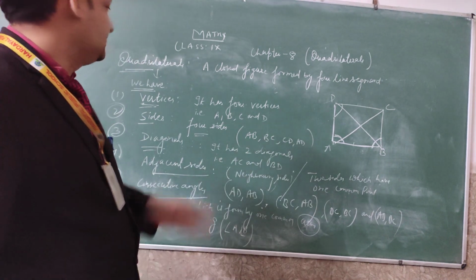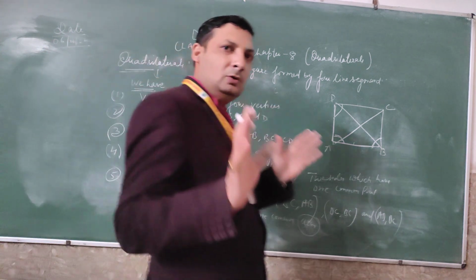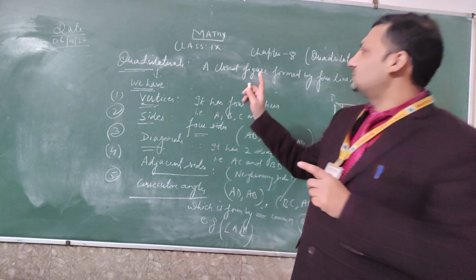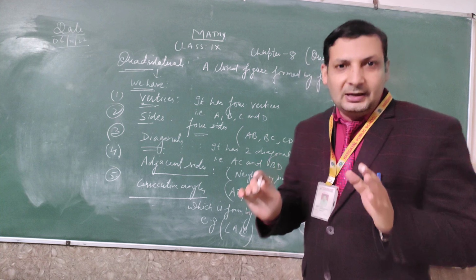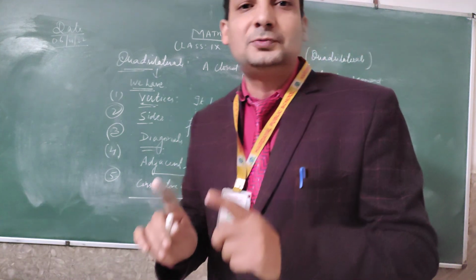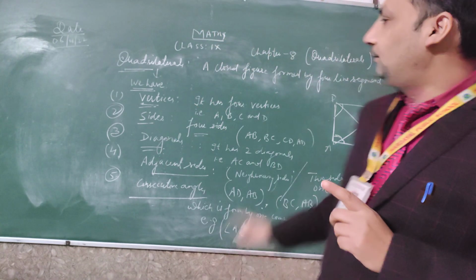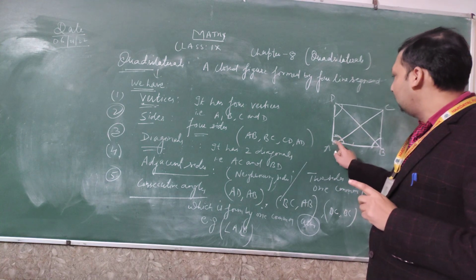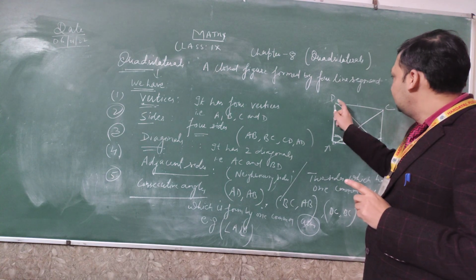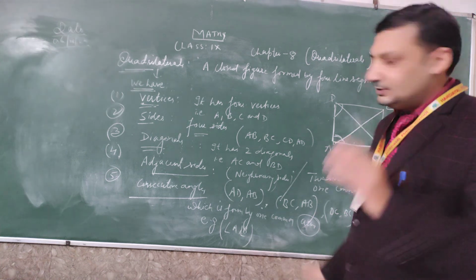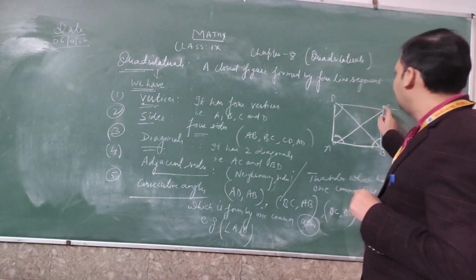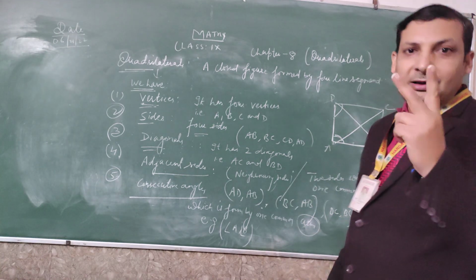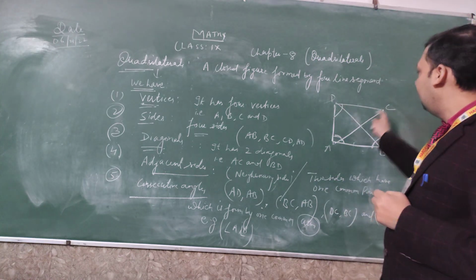Before discussing the next point, I will explain once more. First, we discussed the quadrilateral. In simple words, a quadrilateral is a closed figure formed by 4 line segments. It has 4 vertices A, B, C, D, 4 angles A, B, C, D, and 2 diagonals, BD and AC.